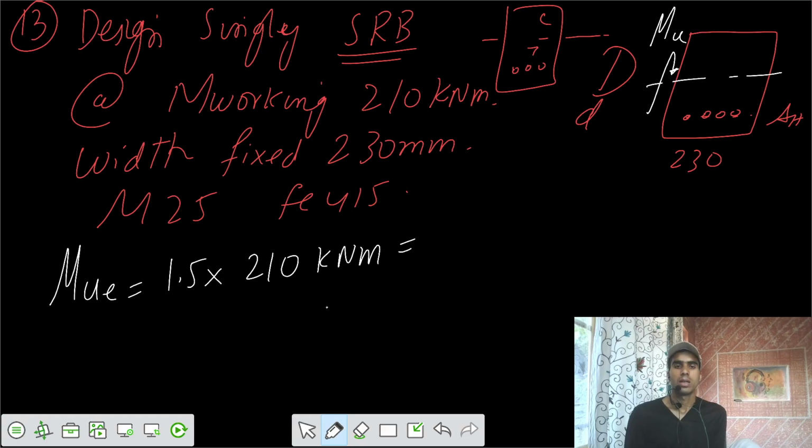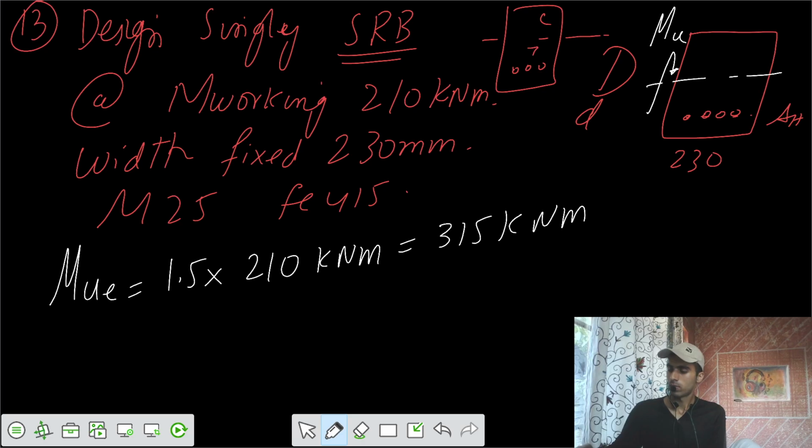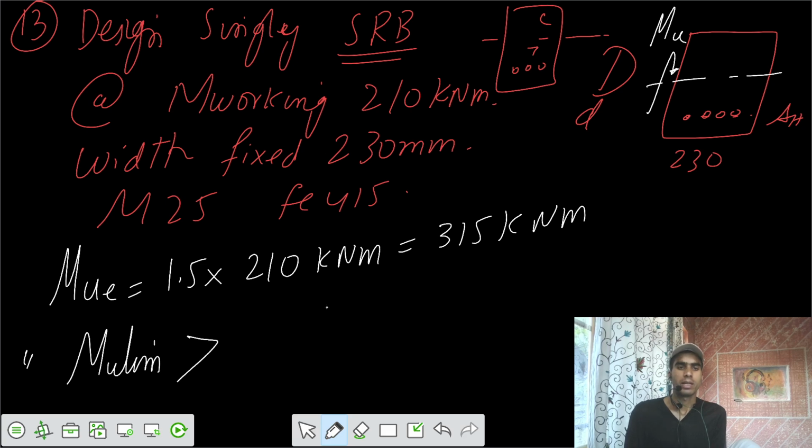So that's 315 kilonewton meters, 210 into 1.5, 315 kilonewton meter.